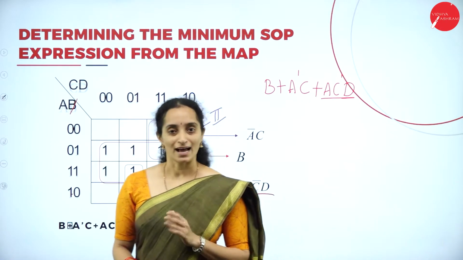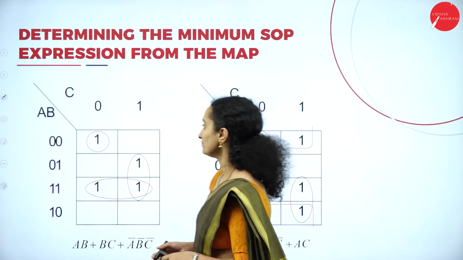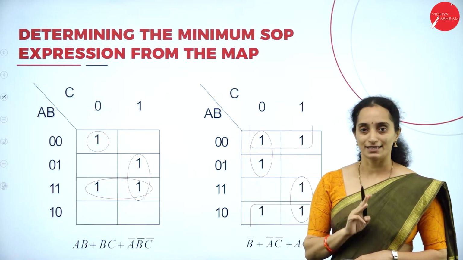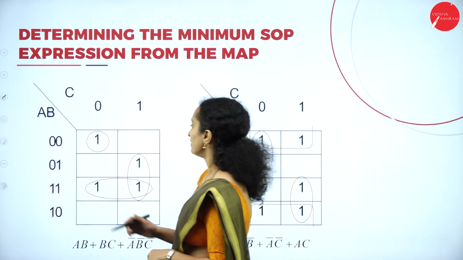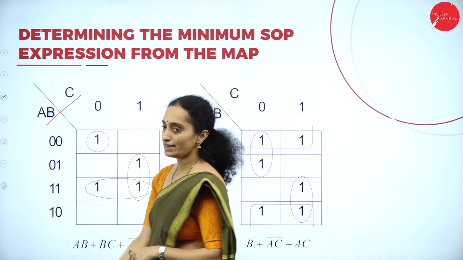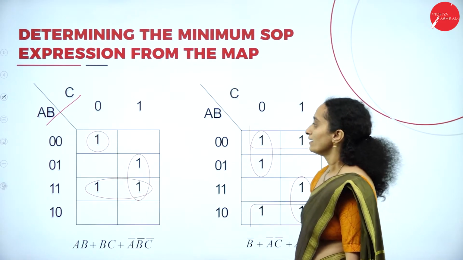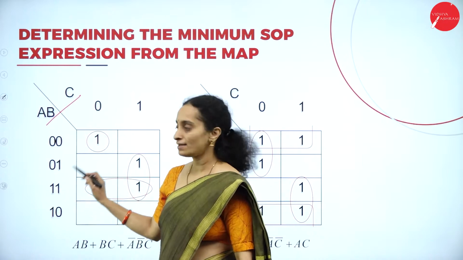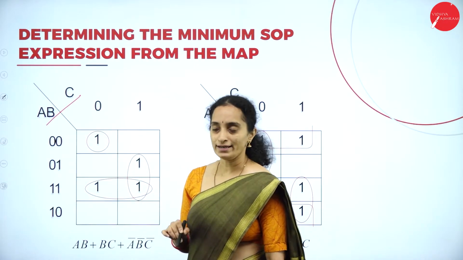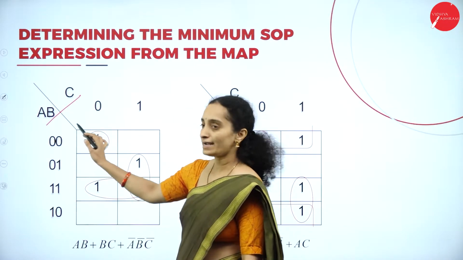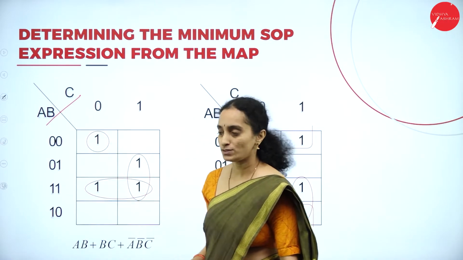Let's take another example. Now we have the 3 variable example. Here we have the variables A, B and C. This expression has a single 1 in this, that is A dash B dash C dash.